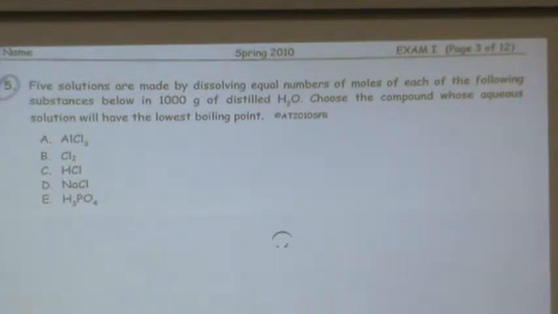That's what many students get wrong here. They don't pay attention to that. When you say more particles, lower melting point, that means a higher absolute value from zero. Minus 20 is much lower than minus 5.